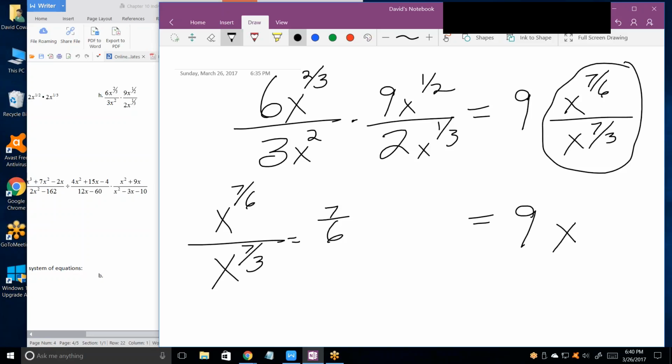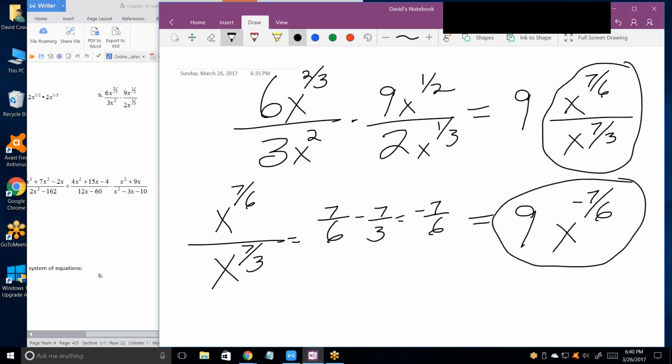So what is 7/6 minus 7/3 equal to? Negative 7/6. Good. That's my new exponent to a single x. So that would normally be my answer, but every teacher I've ever run into in Colorado has kind of a hidden policy that you never give answers with negative exponents.